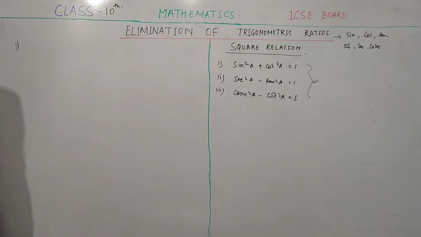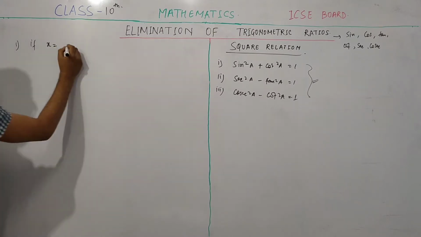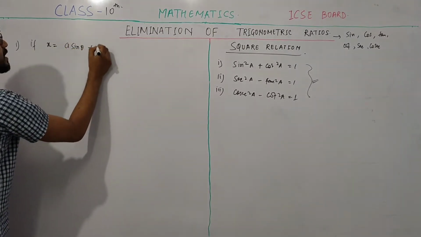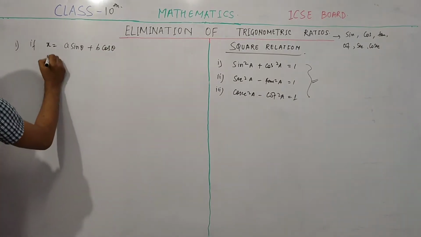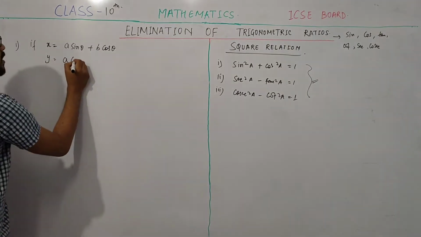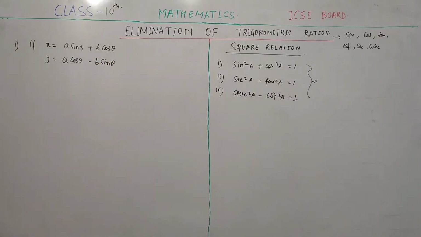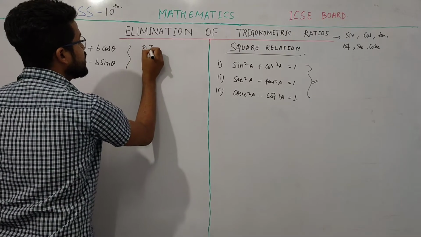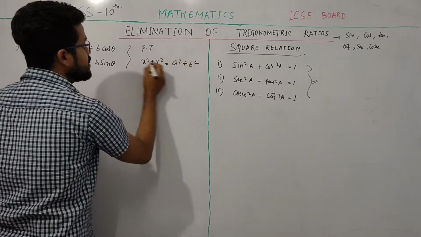Question number 1: if x is equal to a sin theta plus b cos theta and y is equal to a cos theta minus b sin theta, this is the given relation, prove that x square plus y square is equal to a square plus b square.